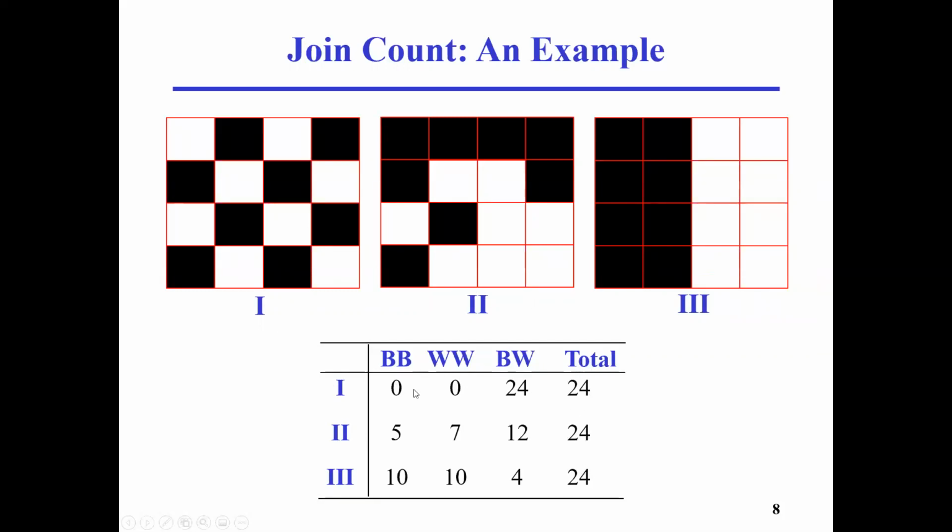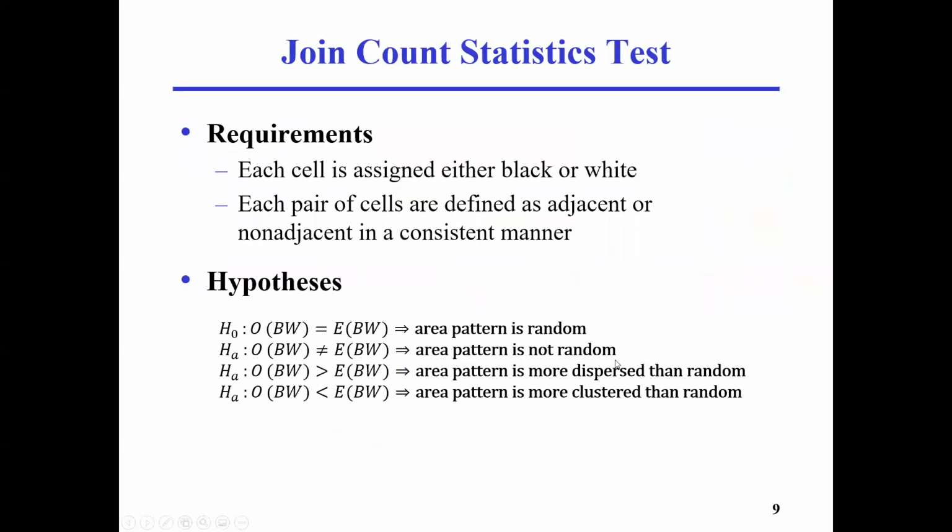In case 2, there are 5 BB joins, 7 WW joins, and 12 BW joins. In the third case, 10 BB joins, 10 WW joins, and 4 BW joins. But the total number stays the same.